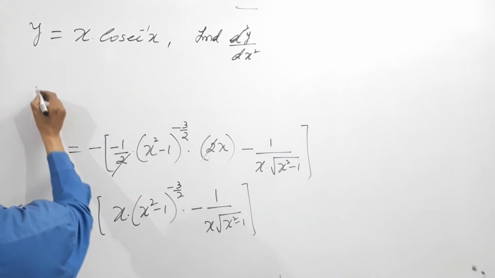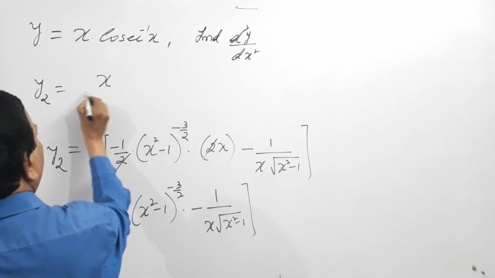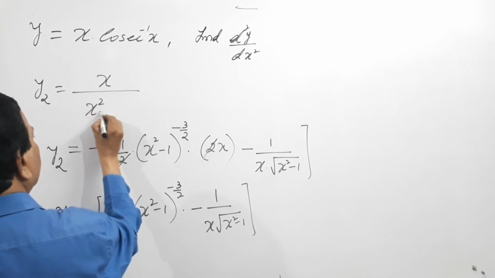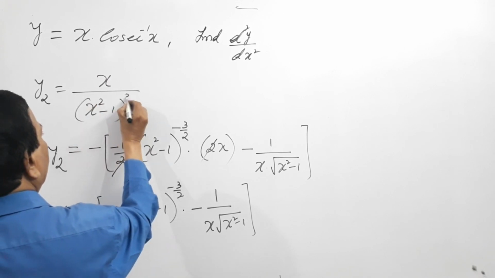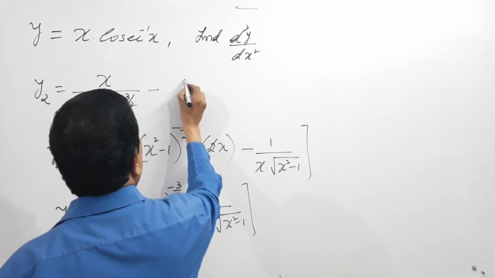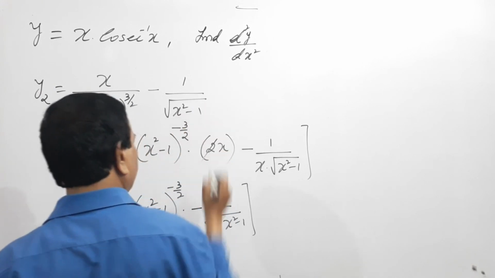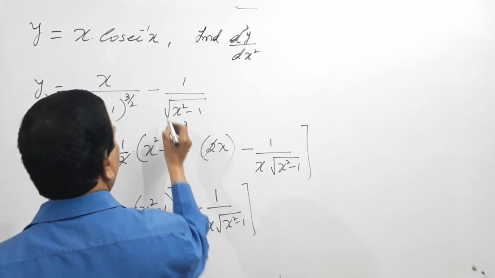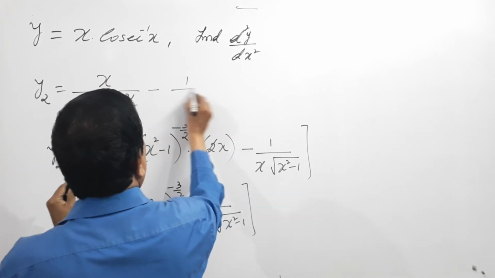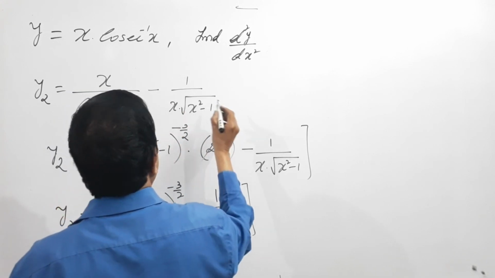So y2 is equals x by x square minus 1 to the power of 3 by 2 minus 1 by under the root x square minus 1 into x.